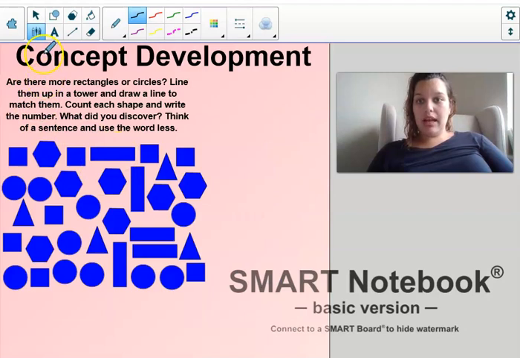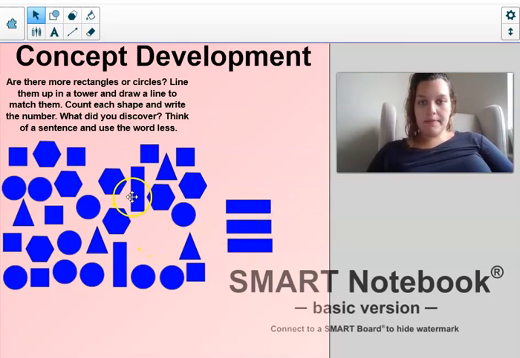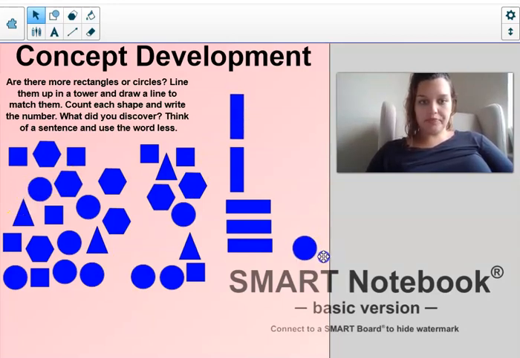All right, so now we want to figure out if there are more rectangles or more circles. I'm going to put the rectangles like this. Did we grab all the rectangles? I think so. And then I'm going to put the circles like this.